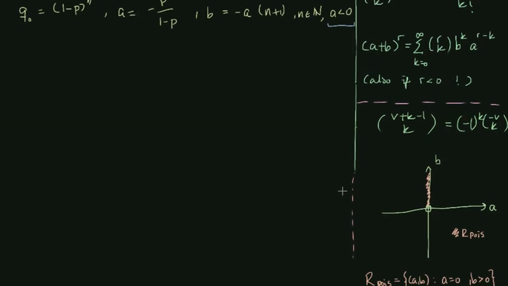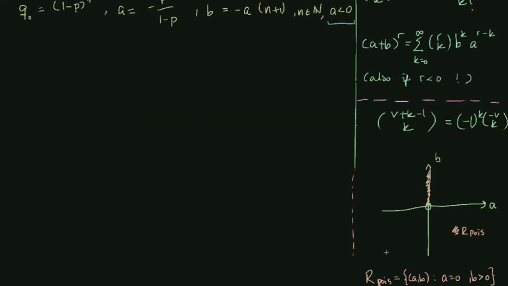So our AB region for the binomial case is all of the points A and B such that A is strictly negative and B has to be written as minus A multiplied by n plus 1 for some natural n. Wow. Okay, so B is equal to minus n plus 1 multiplied by A, and n is some natural number.